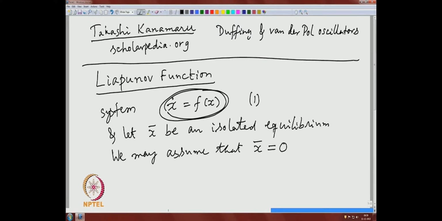So, this is no loss of generality. Okay.